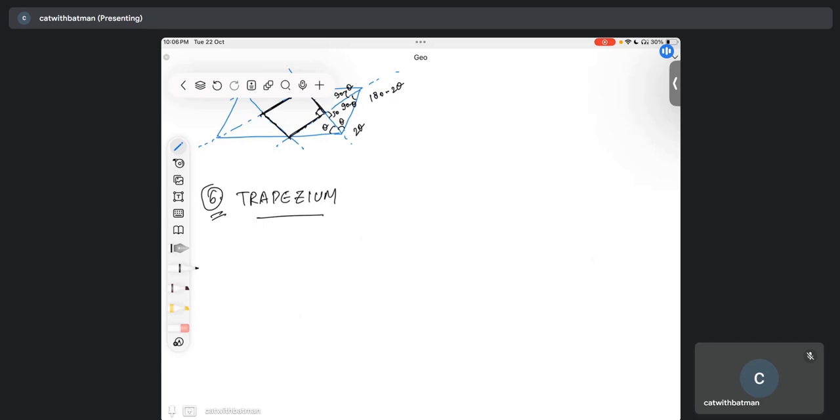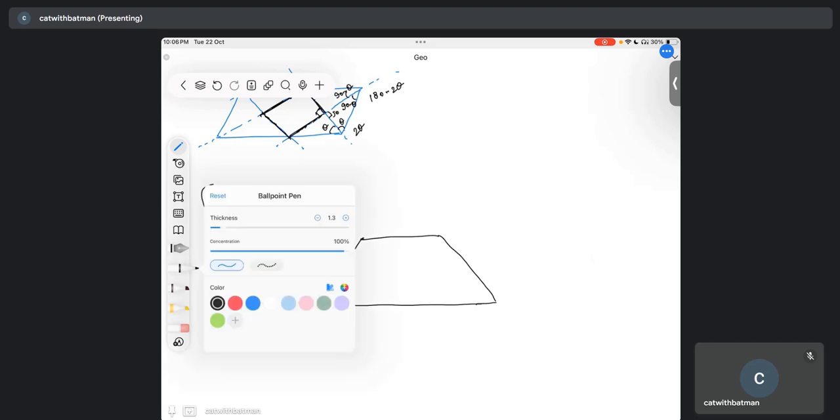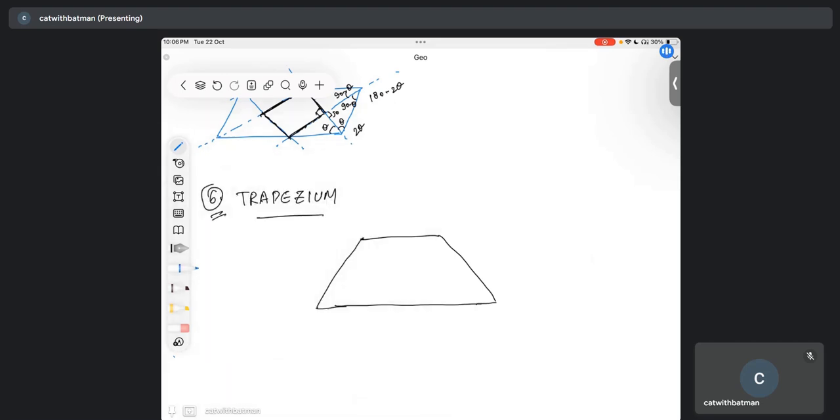Let me draw a trapezium. Here you go. This is a trapezium. In this, these two lines are parallel to each other.